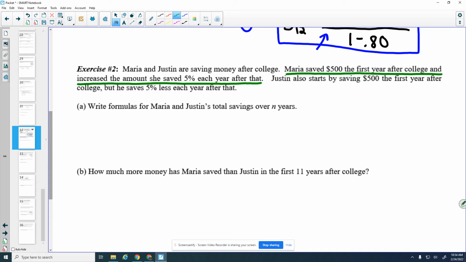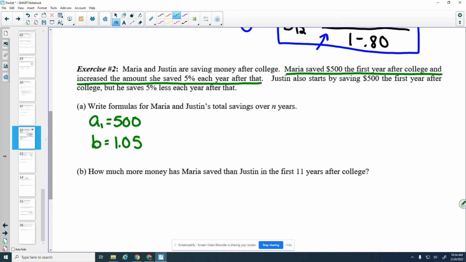So in this problem for Maria, which I'll do in green, the first year she invested $500. The next year she's going to invest 5% more. So my base value is 1.05 because it's increasing.